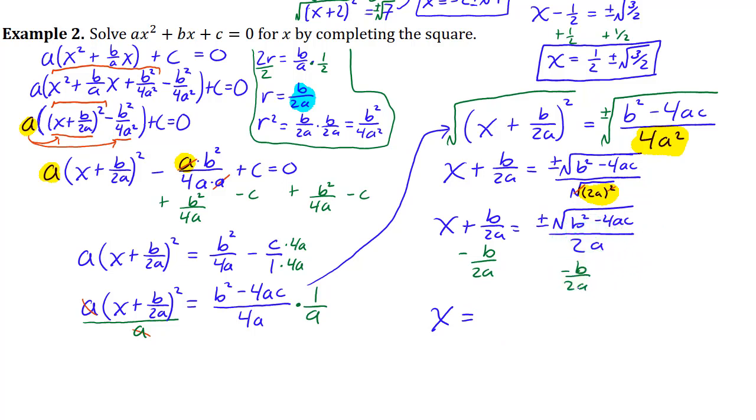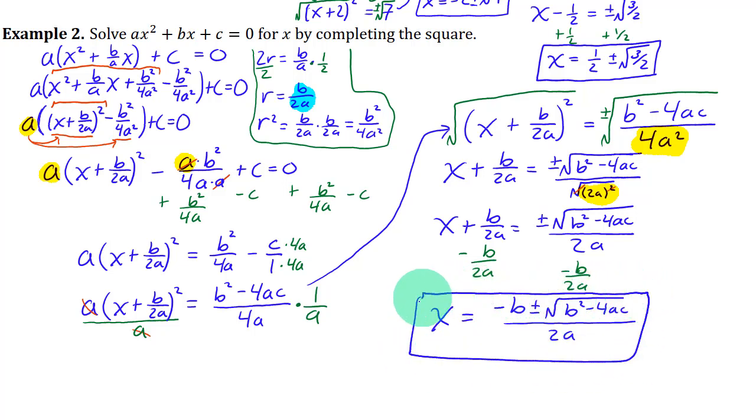They have the same denominator, so you can combine them. So you can write this as negative b plus or minus the square root of b squared minus 4ac, the whole thing over 2a. And that is the solution of the original equation.